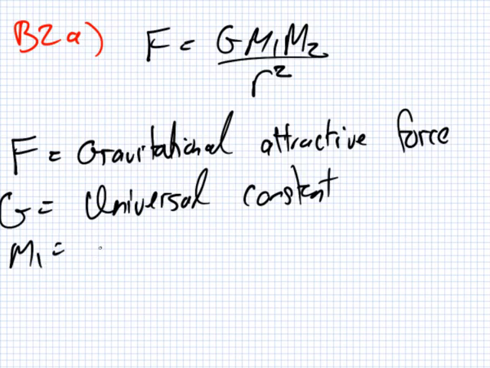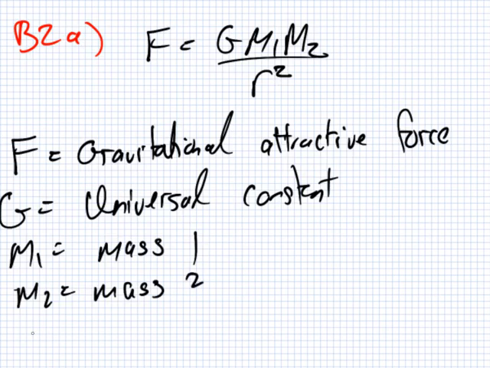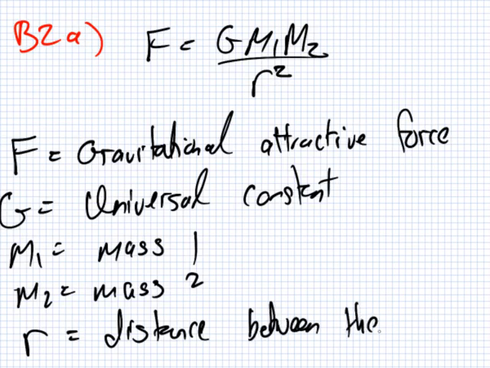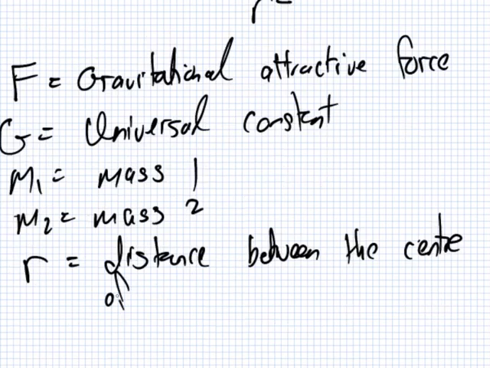M1 is mass 1 and M2 is mass 2, and R is the distance between the centers of masses.